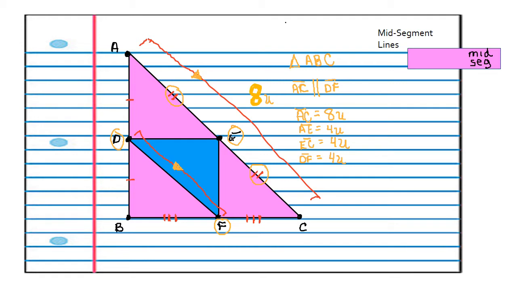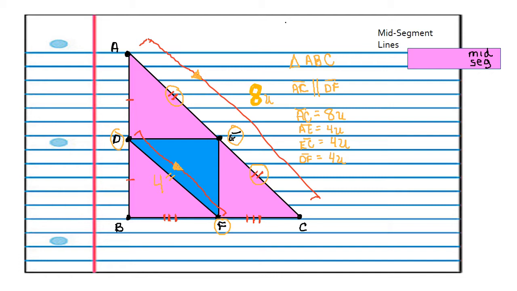And because it's 4 units, and AE is 4 units, and EC is 4 units, then by the transitive property, segment DF is also congruent to the other two segments. So therefore, it would be half the size. And it would happen with all the other relating sides.